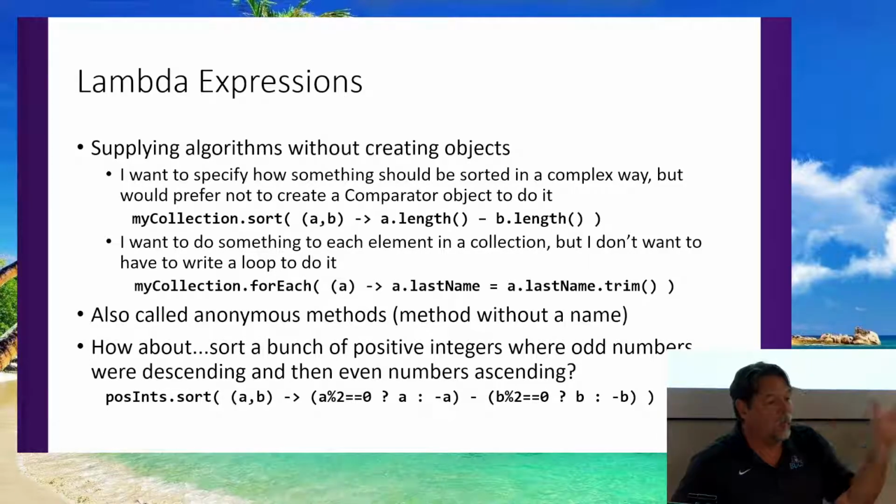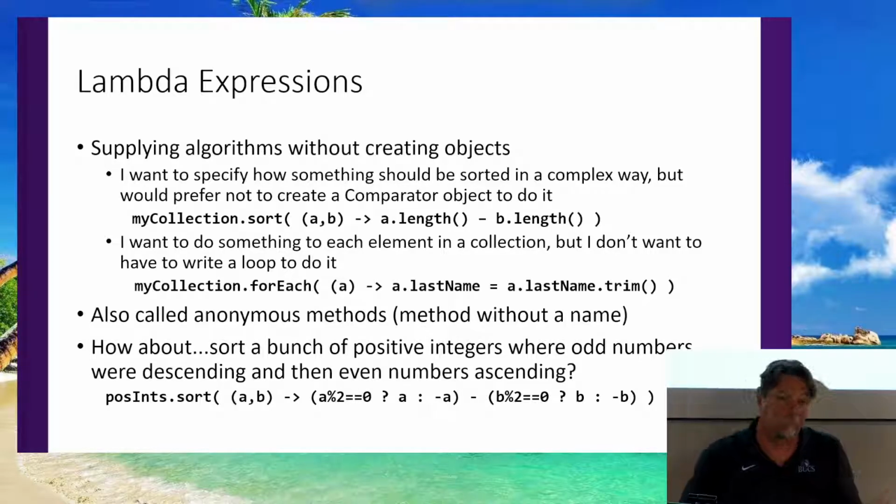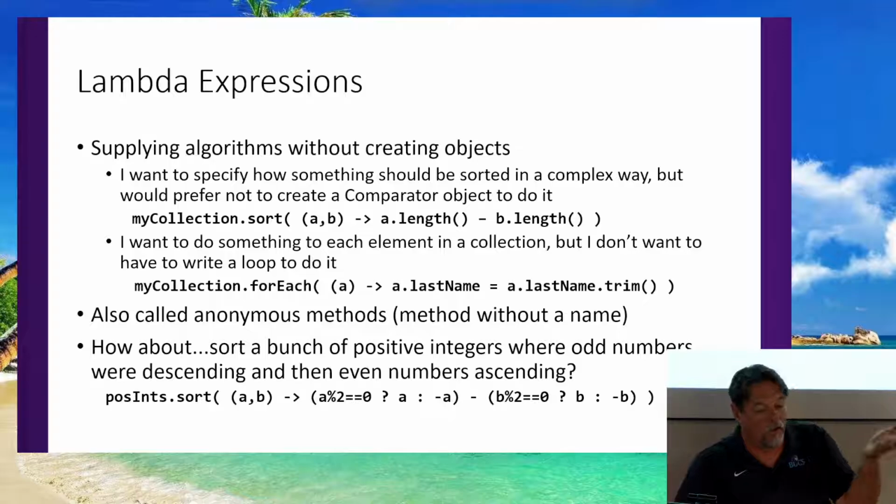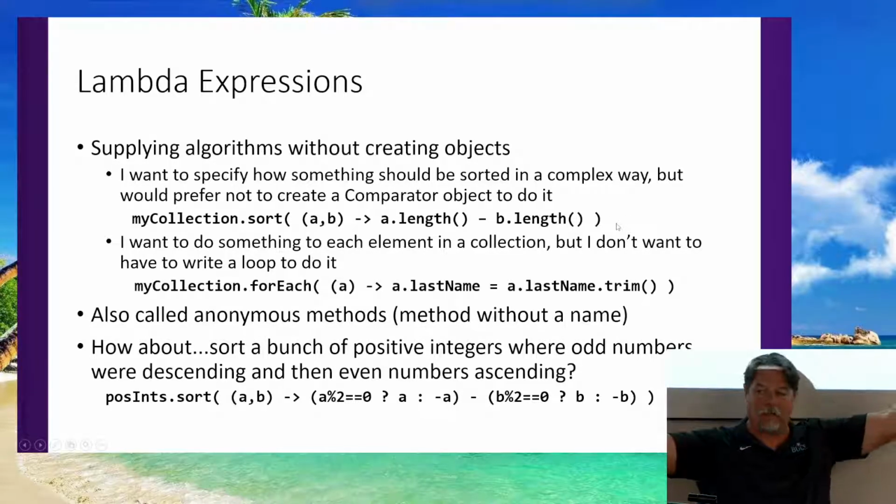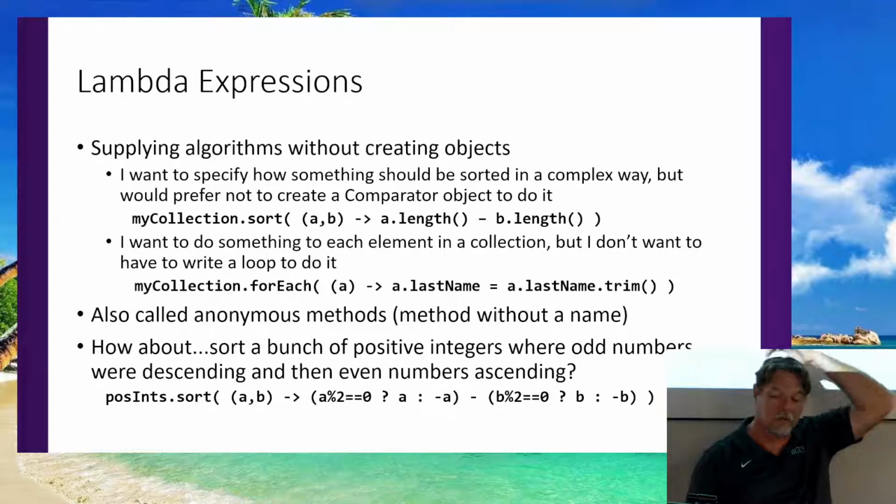Whatever, as long as it supports the dot sort method, which pretty much, if you implement the comparable interface, this will work with it. So anything that supports comparable, you can sort with this line of code and you don't have to have any other functions or anything. It's just beautiful.